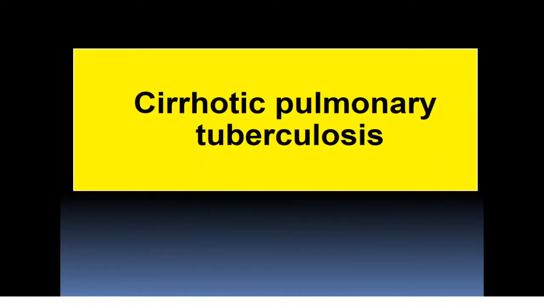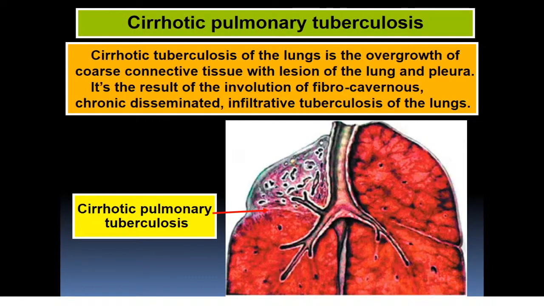Next form of tuberculosis, cirrhotic pulmonary tuberculosis. This is a destructive form of TB also. It can form after other forms of TB.